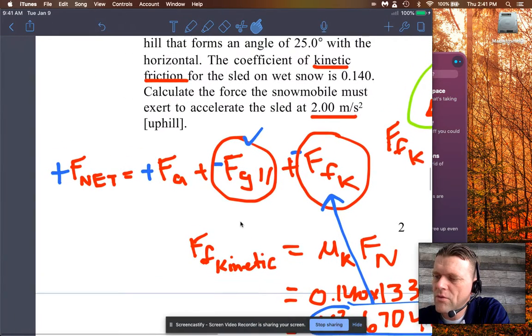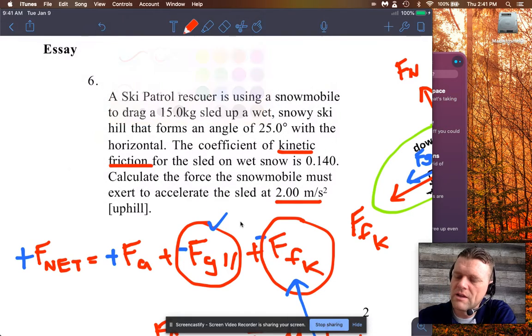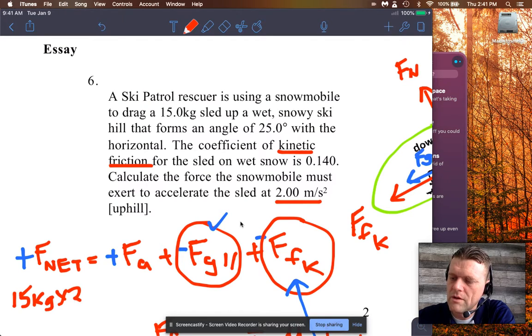Now the net force, it says that everything is accelerating uphill at 2 meters per second squared. So that means then that the net force will be equal to the mass, which is 15 kilograms times 2 meters per second squared.